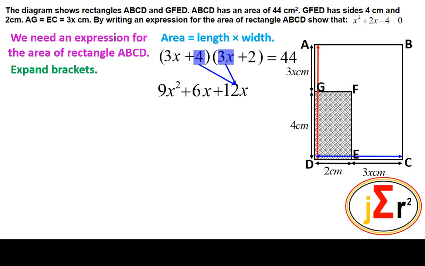And then we will take the 4. So the 4 will remain, and we multiply by 2. So 4 times 2, that is equal to 8. Do not forget that is equal to 44 centimeters squared.